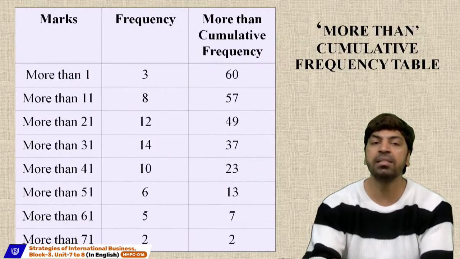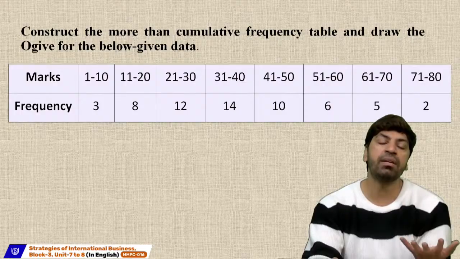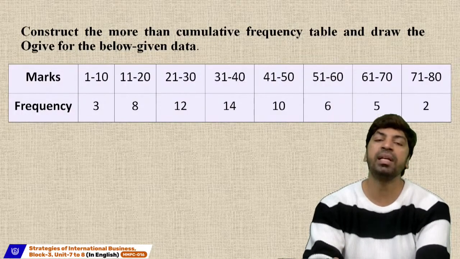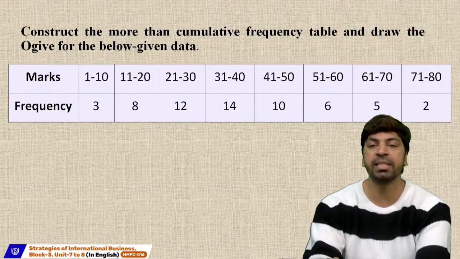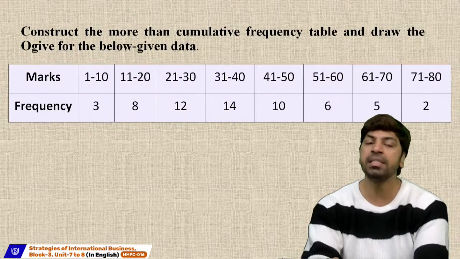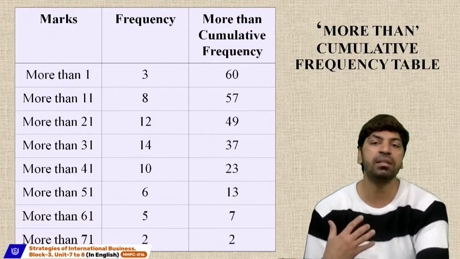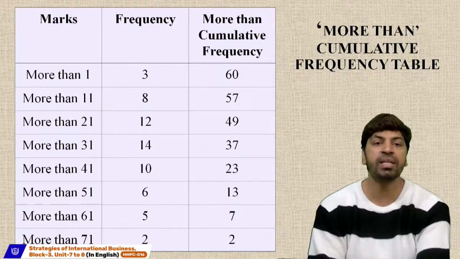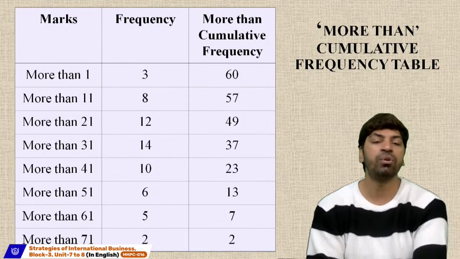If you look at the example, it could be more than. We'll refer to the lower limits, that is more than 1, more than 11, more than 21, more than 31 and so on, the same as has been referred to in the frequency table, that is more than 1, more than 11, 21, until more than 71.